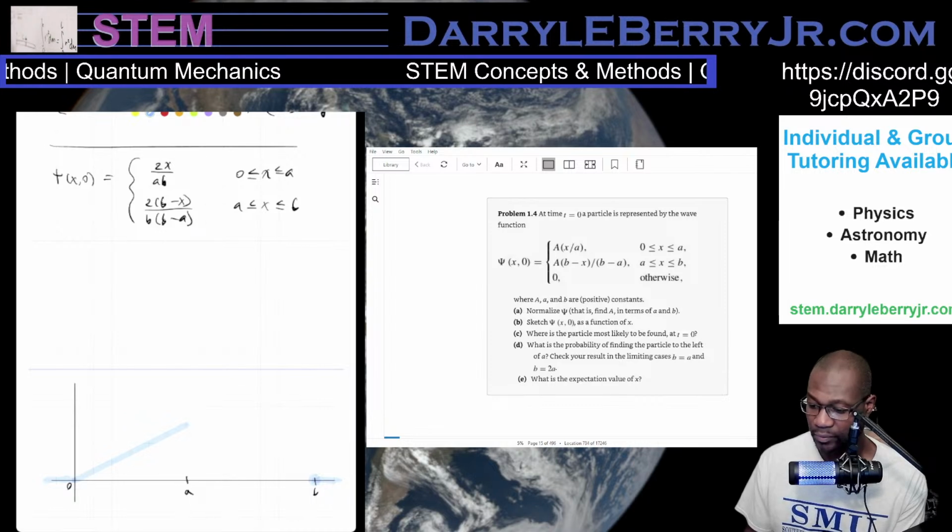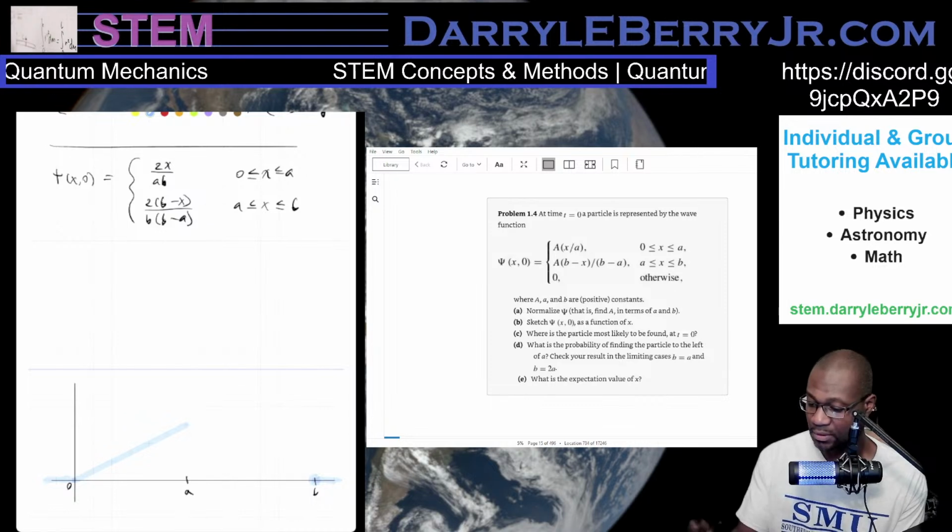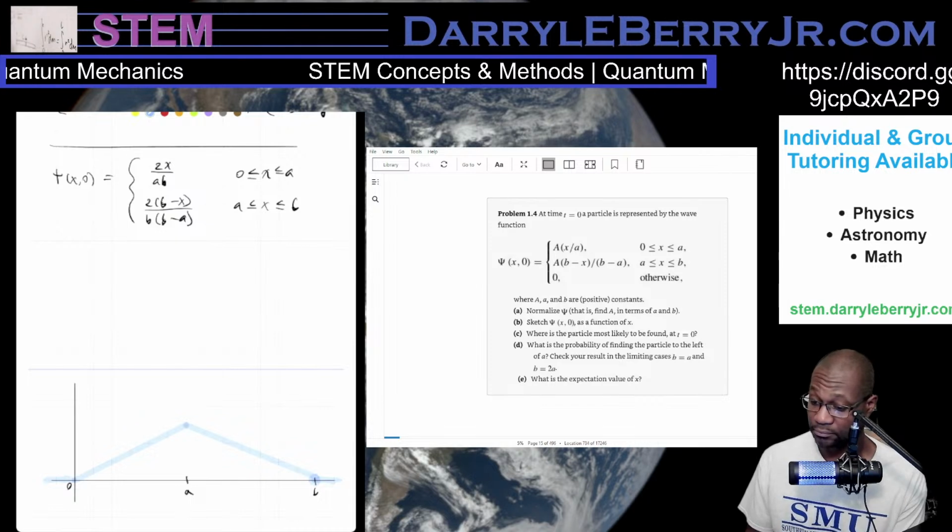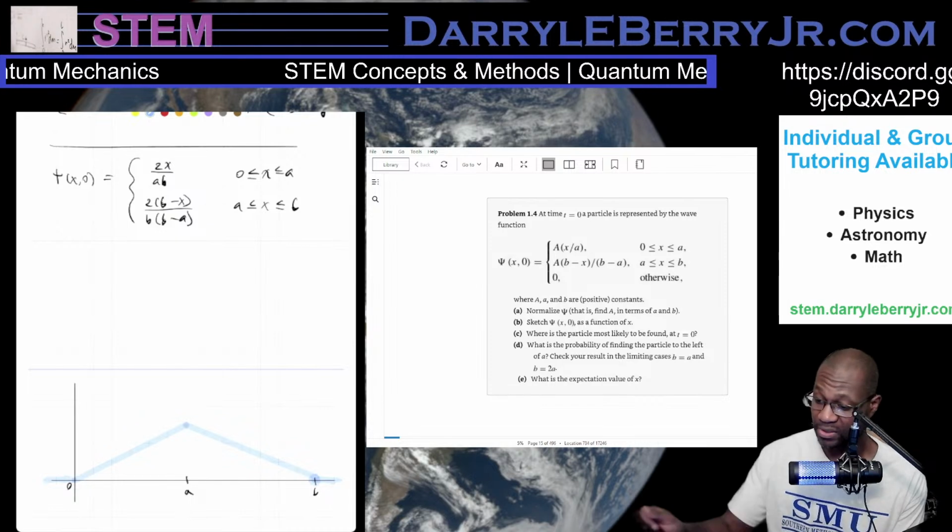And when b equals a, that's where the maximum is going to be. And x is changing in a linear fashion. It seems to be like this. Right, that's what I would say the graph would be.